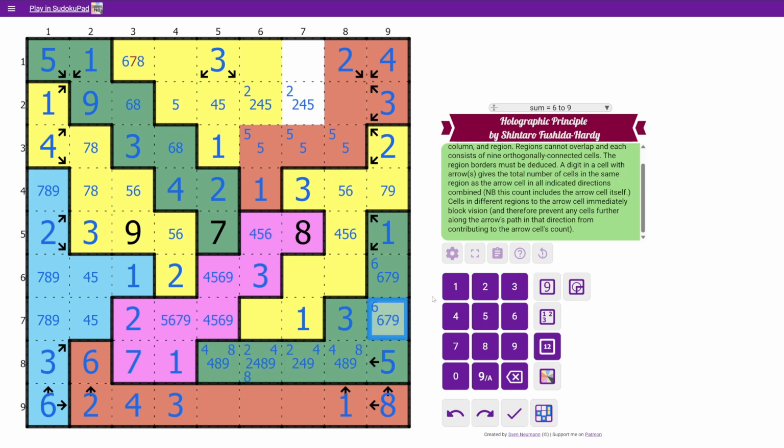A 7 now goes here with 6, so no 9. This will be 2, 4, 8, 9.